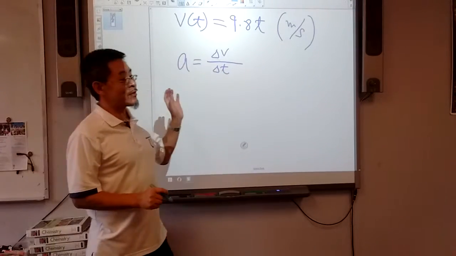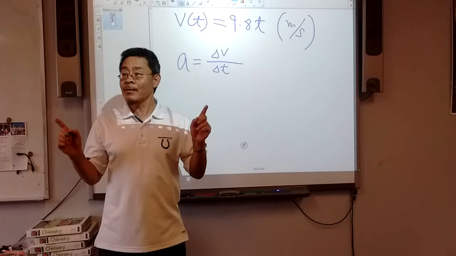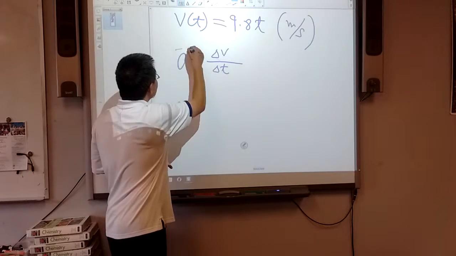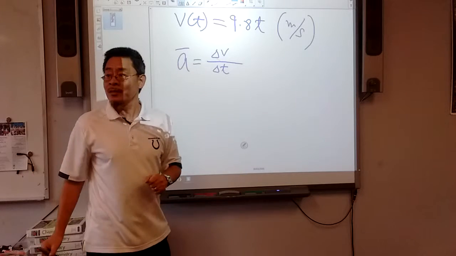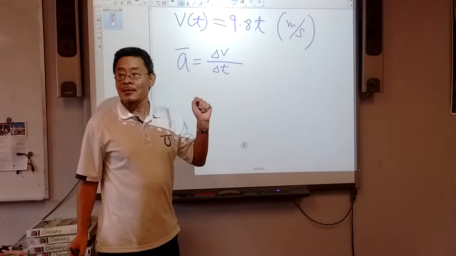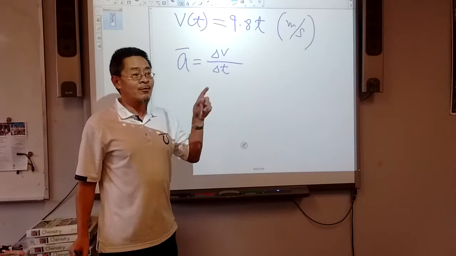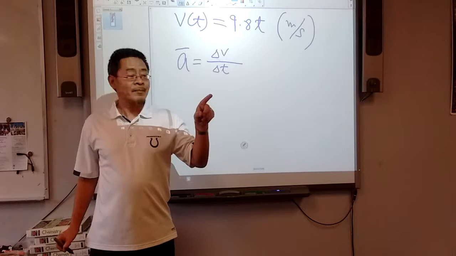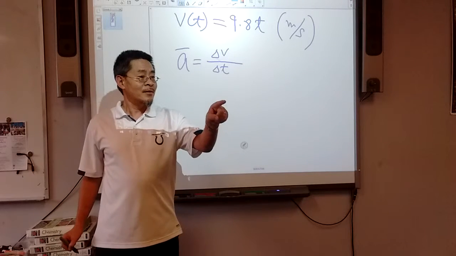It's not just velocity over time. It's a difference. But this is average acceleration. So how do we find instantaneous acceleration? Use the secant. Yep, same thing.